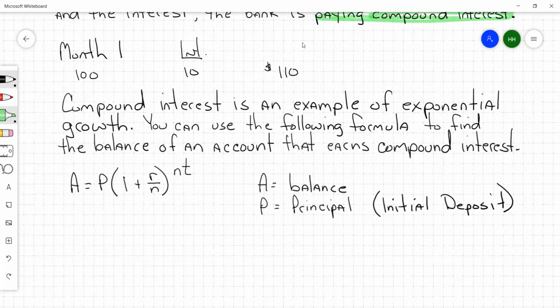Your lowercase r, that's your annual interest rate as a decimal.